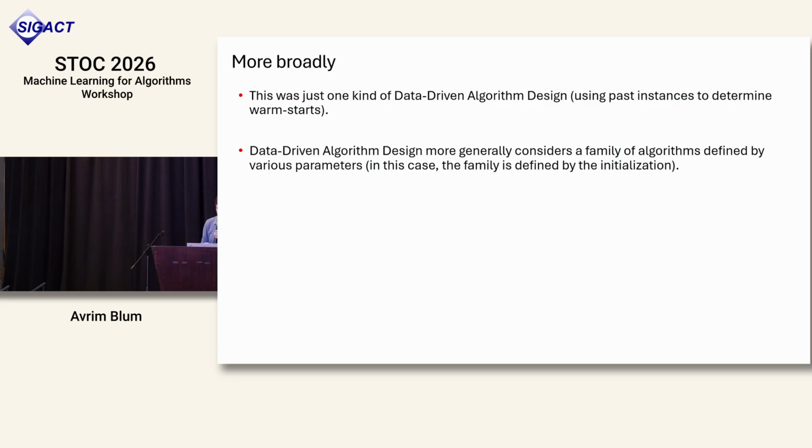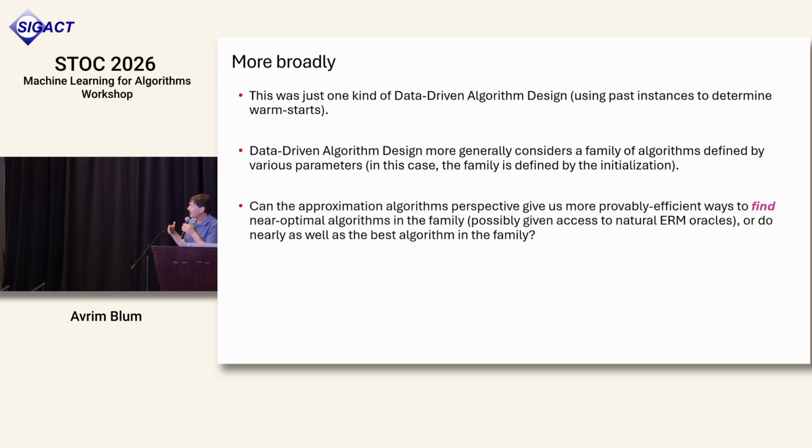More generally, data-driven algorithm design considers families of algorithms defined by all sorts of things, and it'd be interesting to see if the perspective from approximation algorithms could help in giving more provably efficient ways to find near-optimal algorithms in the family. And I think it's reasonable to say, given access maybe to some oracles.